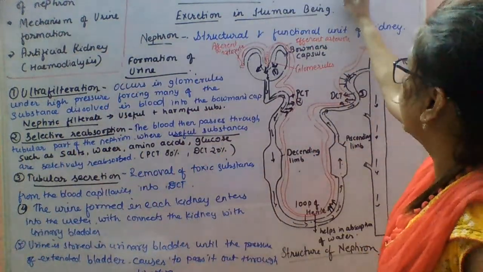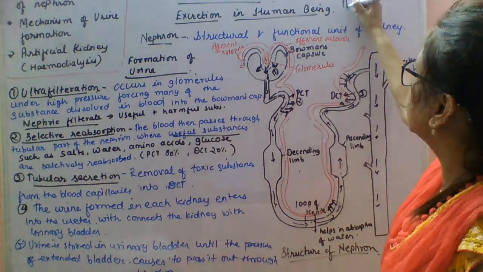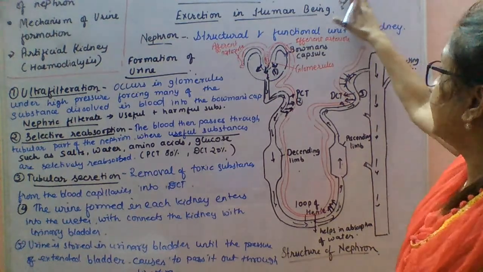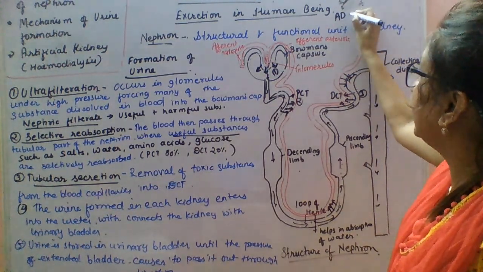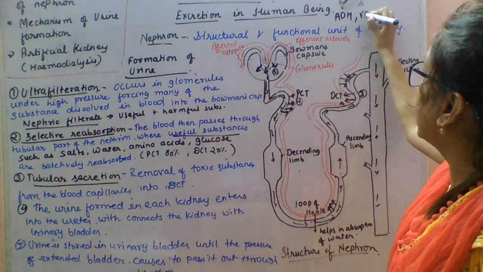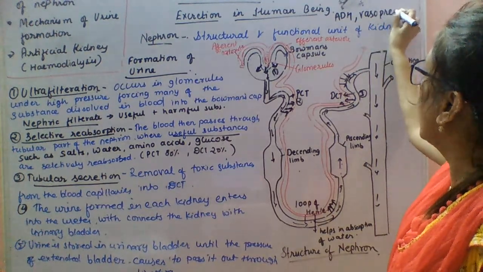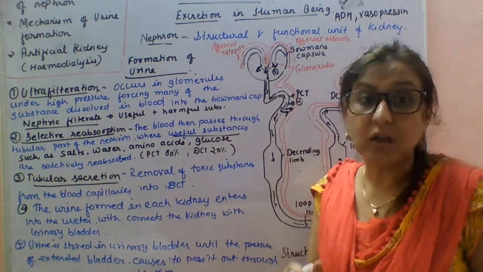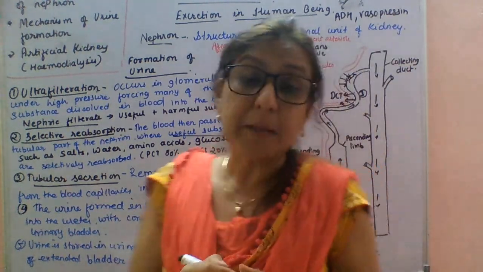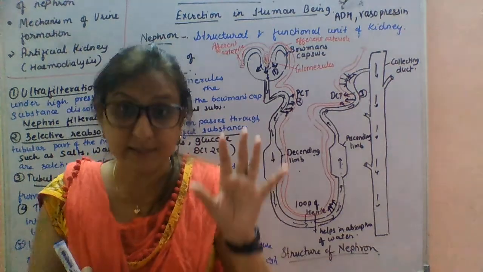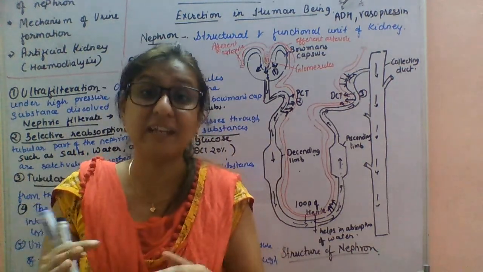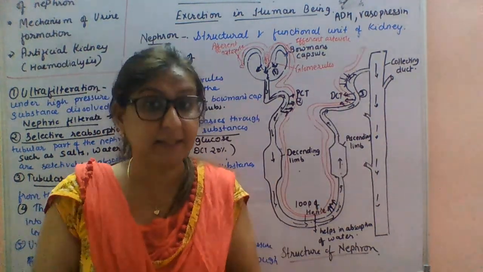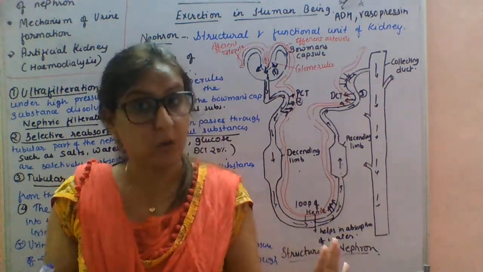So if the concentration of urine is more, if we drink very little water, only then is ADH or vasopressin secreted. Otherwise it will not be secreted.